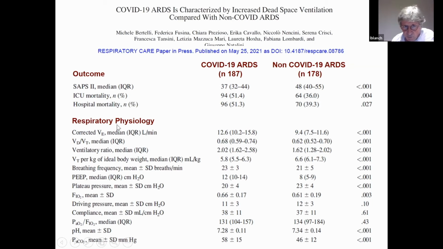But then when they examine respiratory physiology, and let's go here to the ventilatory ratio, in COVID-19 it was higher compared with the non-COVID ARDS, perhaps reflecting this alteration in the pulmonary vasculature. When they look at the VD/VT estimated also, it is the same, and corrected minute ventilation also.